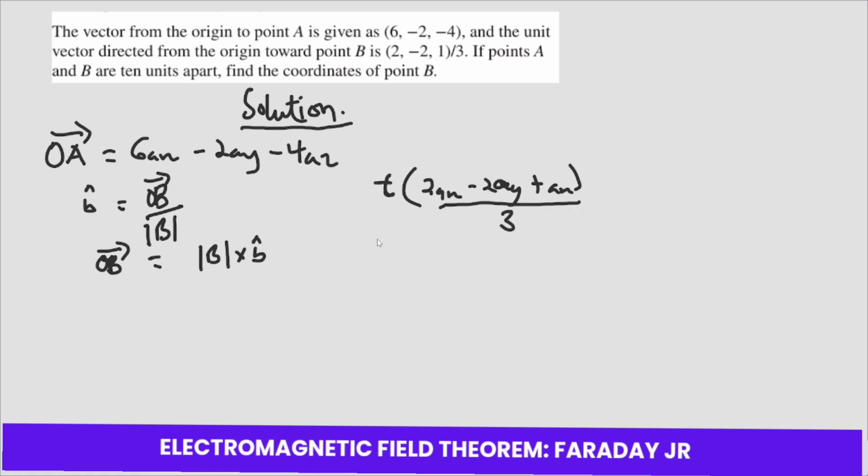So for my calculation, I'll just write t over 3 multiplying 2ax minus 2ay plus az. Do you agree?